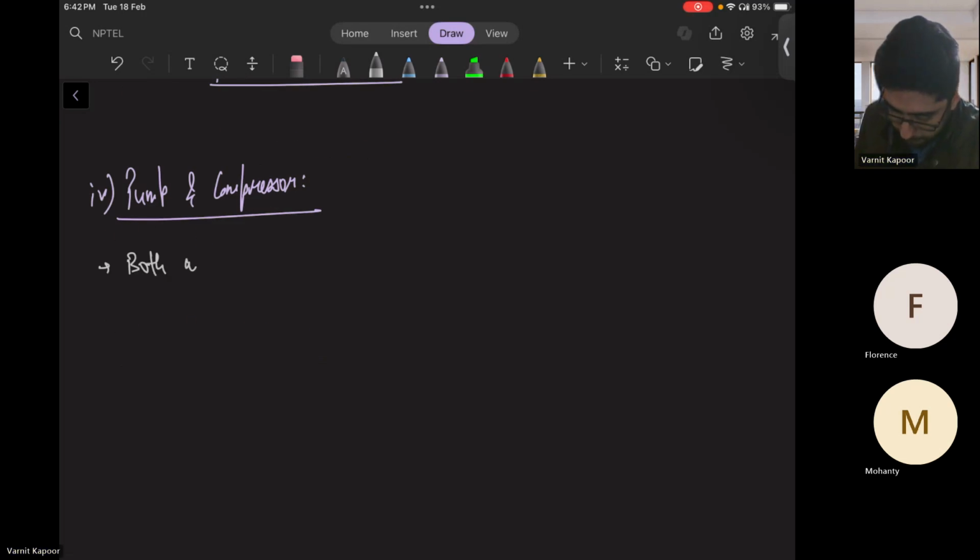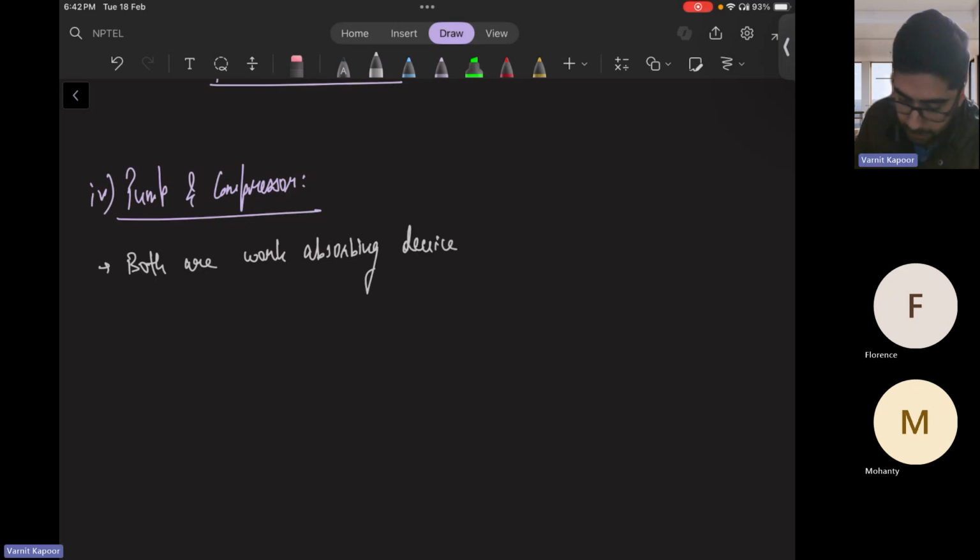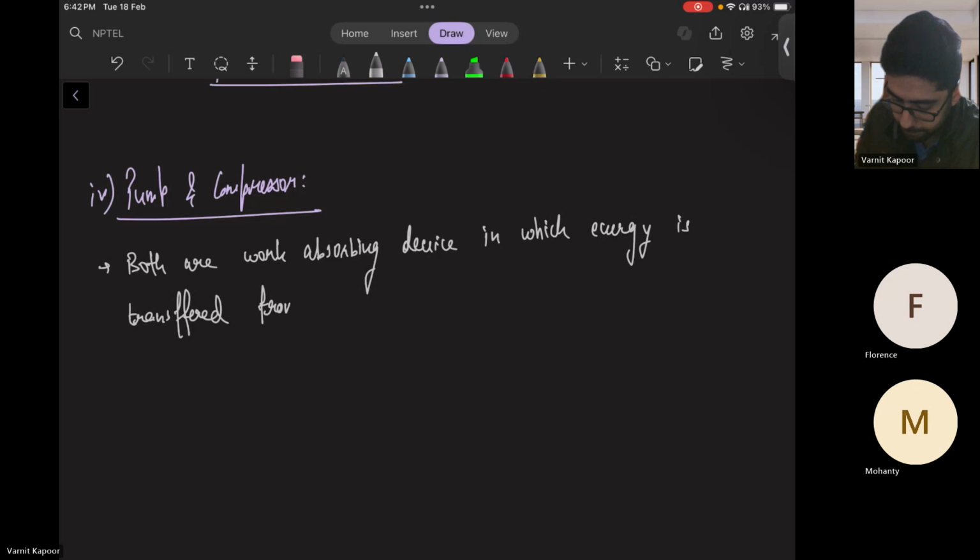Both are work absorbing devices in which energy is transferred from rotor to working fluid.